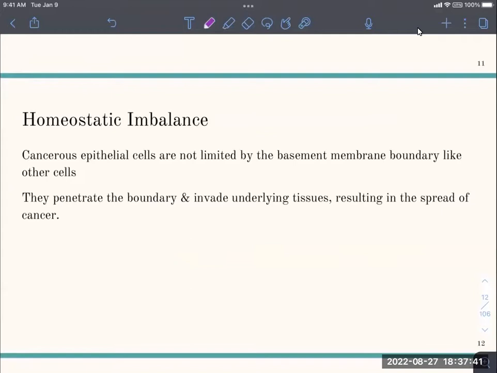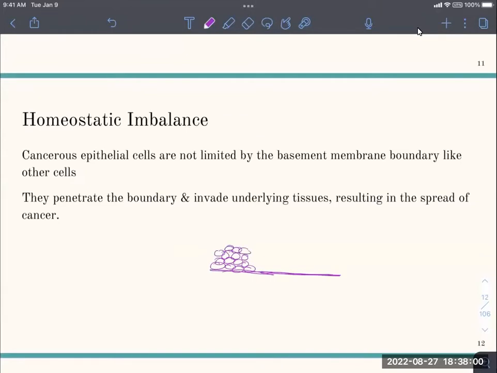So we talked about cancer in the last chapter. We're going to talk about cancer again. We have this basement membrane. Normal cells cannot pass this basement membrane. They all stay on top of it.